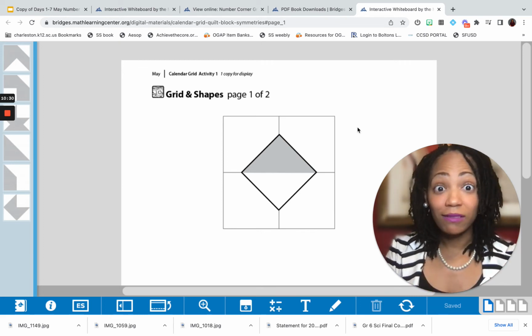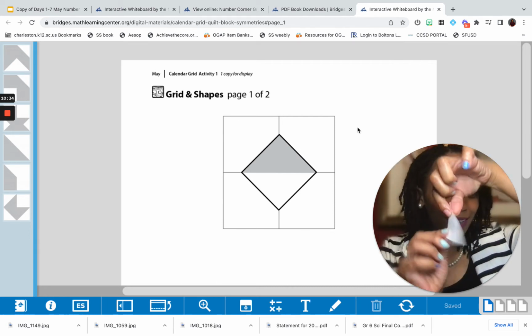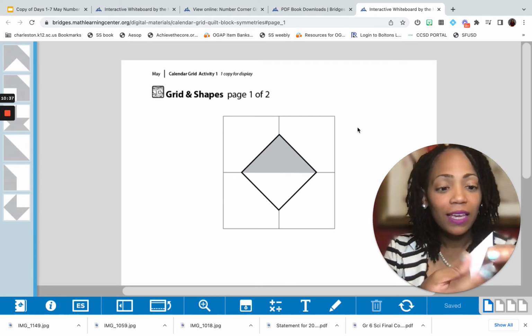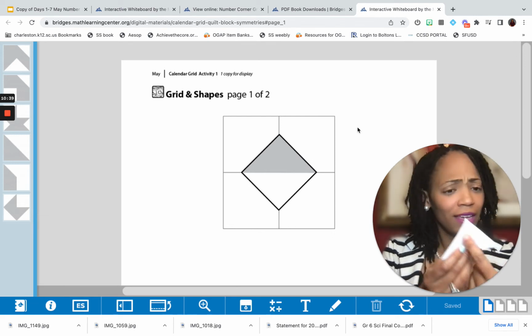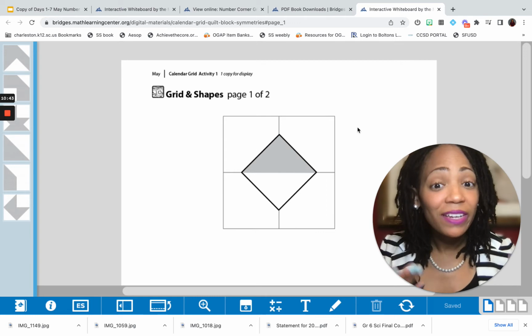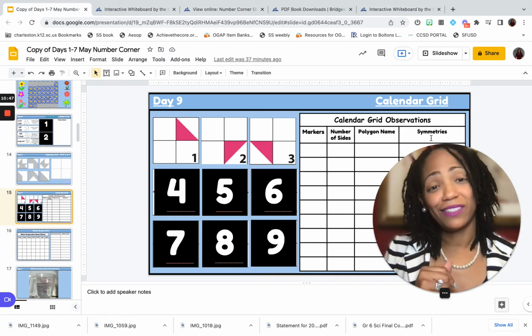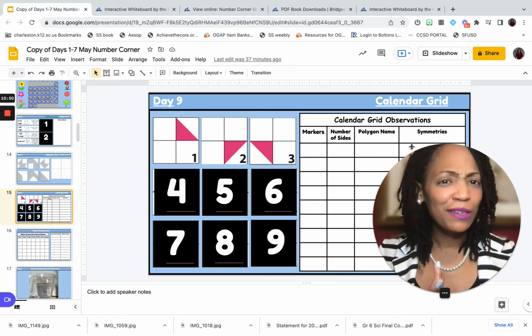And Miss Trammell did a really good job cutting this triangle out because, look, it is exactly the same. It's like a mirror image of the other side. So if that happens, we say it's symmetrical. There is a line of symmetry.